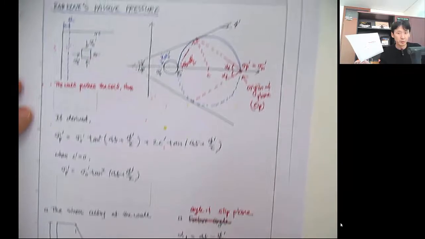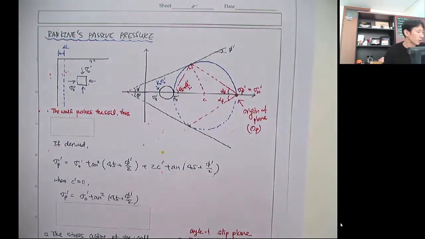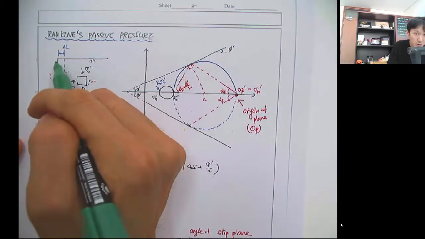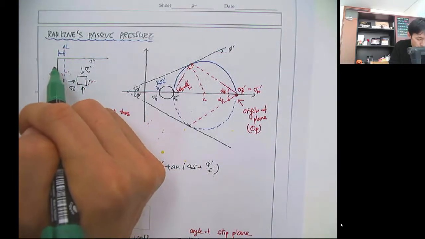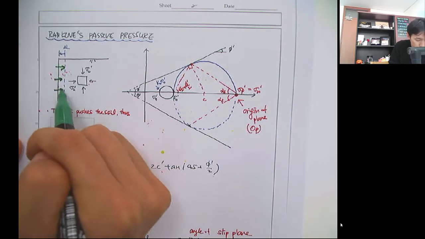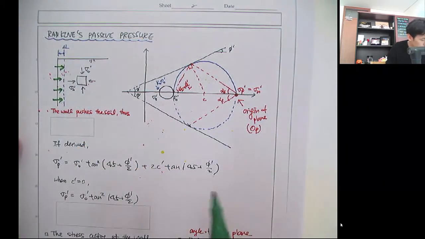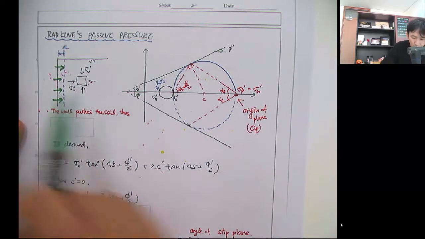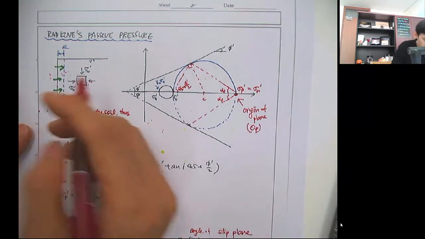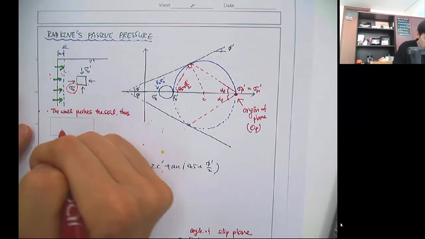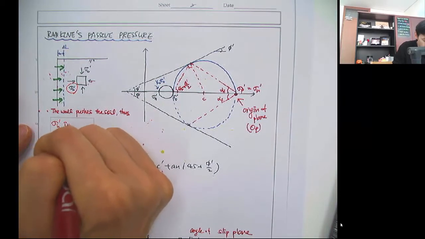Okay, then let's move on to the passive pressure. It's the same concept. In this case you have a wall that's moving into the soil, so there's no rotation again. As the wall moves into the soil, sigma h prime will increase.